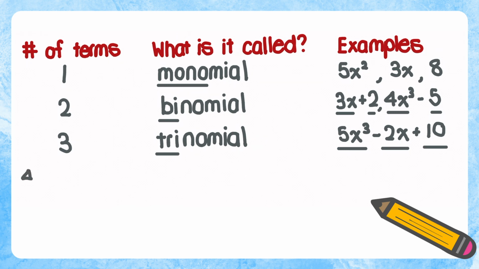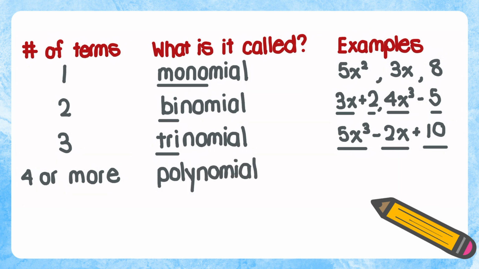And if it has 4 or more terms, we're going to call this a polynomial. Poly meaning many, so many terms.